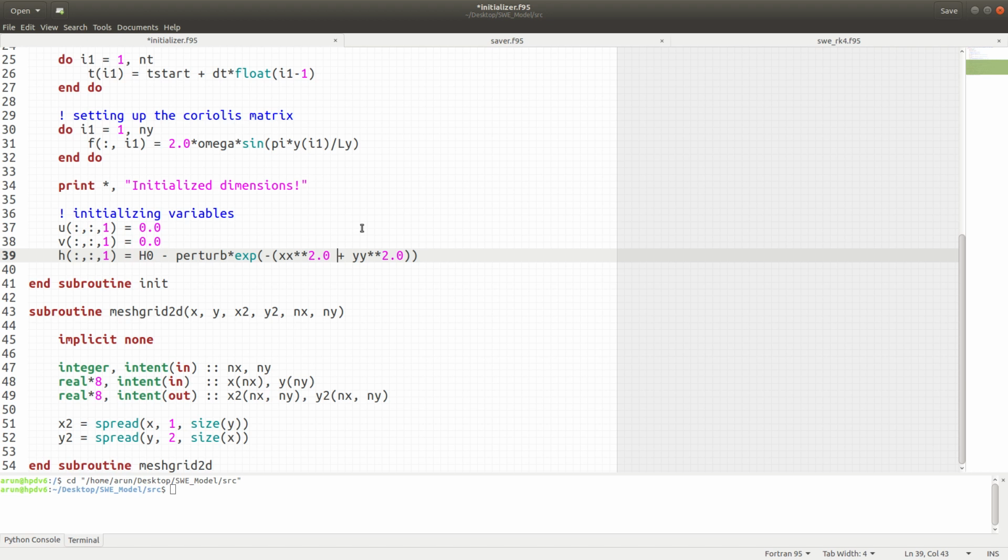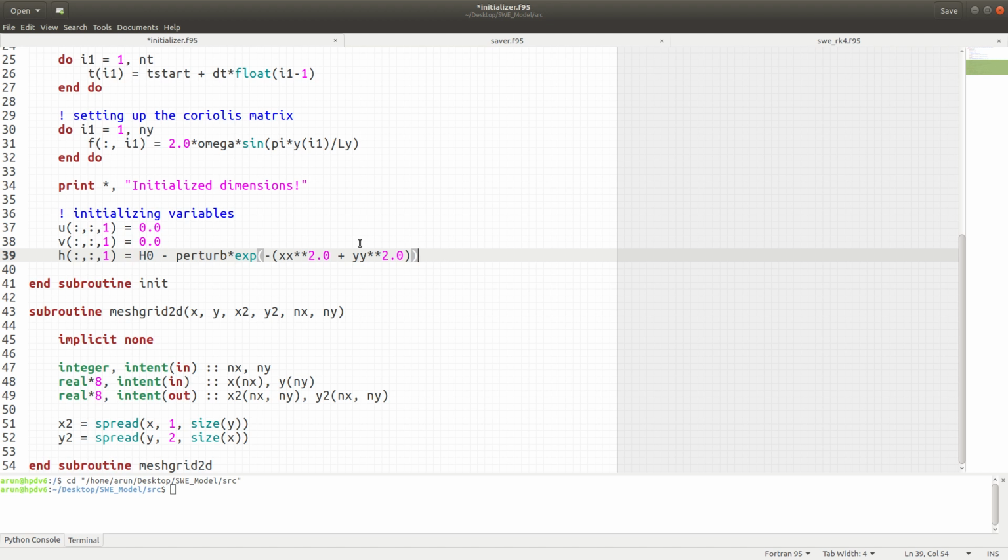Once we release this, the dip is going to go up and down, and we're going to generate ripples, from which we'll know how the equations respond to it. So this is going to be my initial condition. This is similar to a drop of water on a pool.